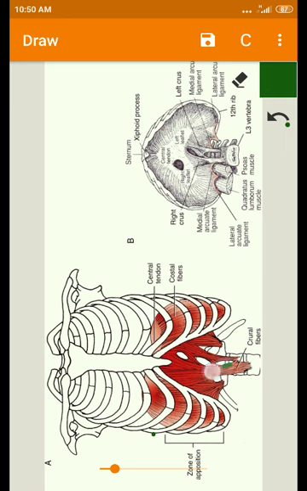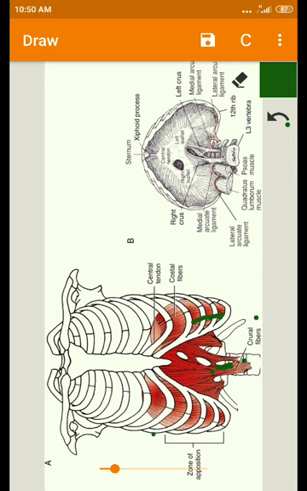The crural fibers are on the dorsal side, and the fibers on the anterior, ventral side are called costal fibers.